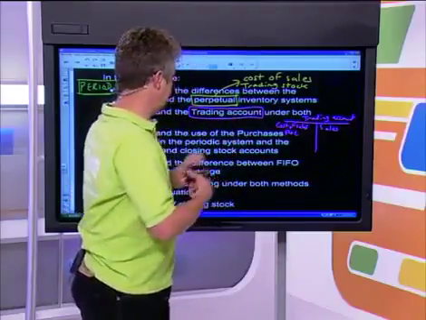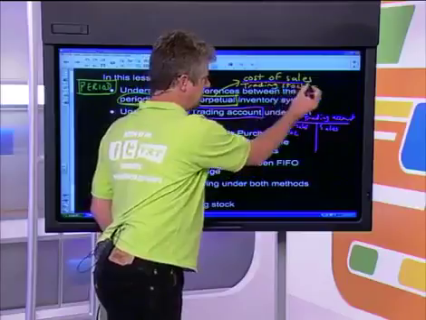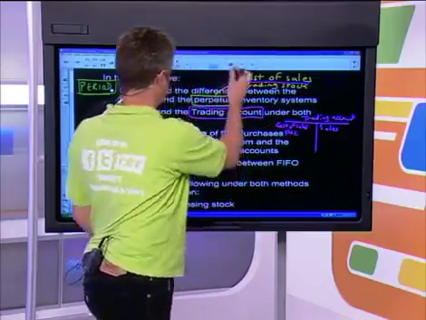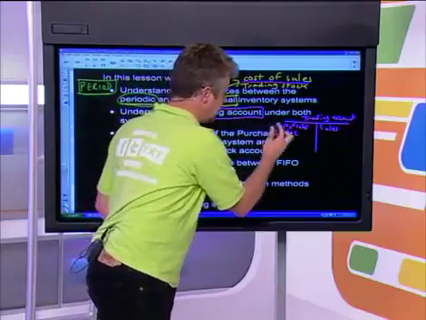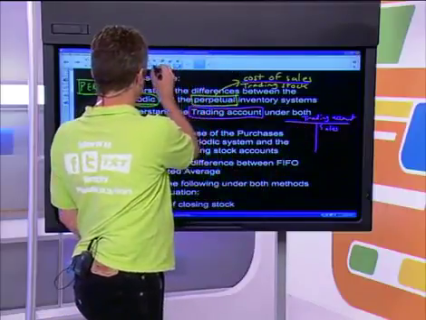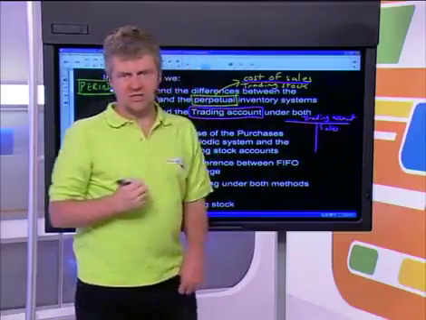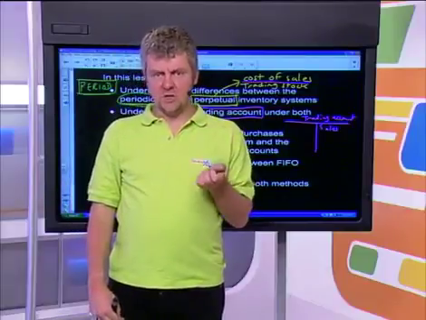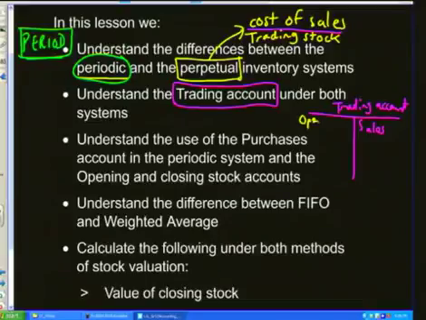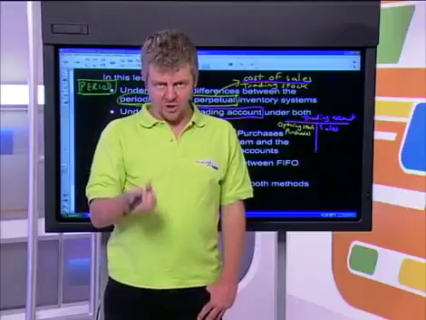Under the periodic system, remember, we don't have this cost of sales account, so the trading account looks a little bit different, and that is what you would have to make sure you understand. So you'd still close off your sales there as normal, but we close off a whole lot of other different accounts there. To calculate cost of sales, we use a special formula, and we would put over on this side our opening stock. We would put over here our purchases, because remember, in the periodic system, we have a brand new account called our purchases account.